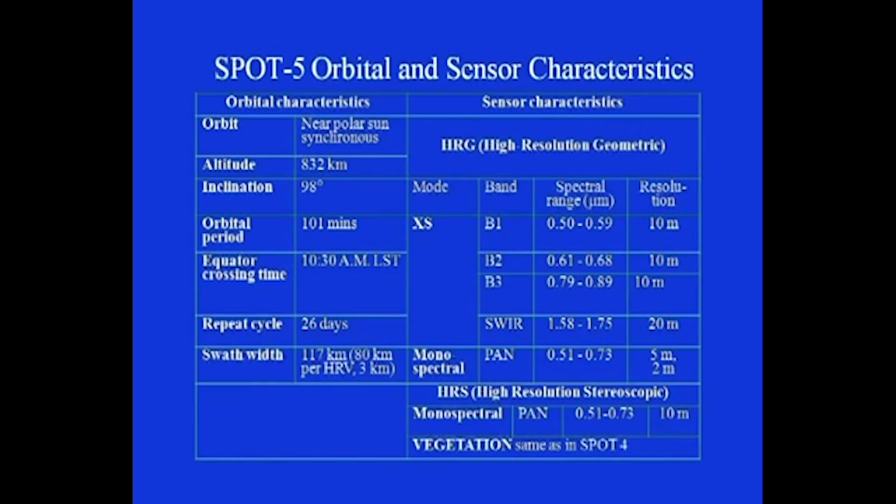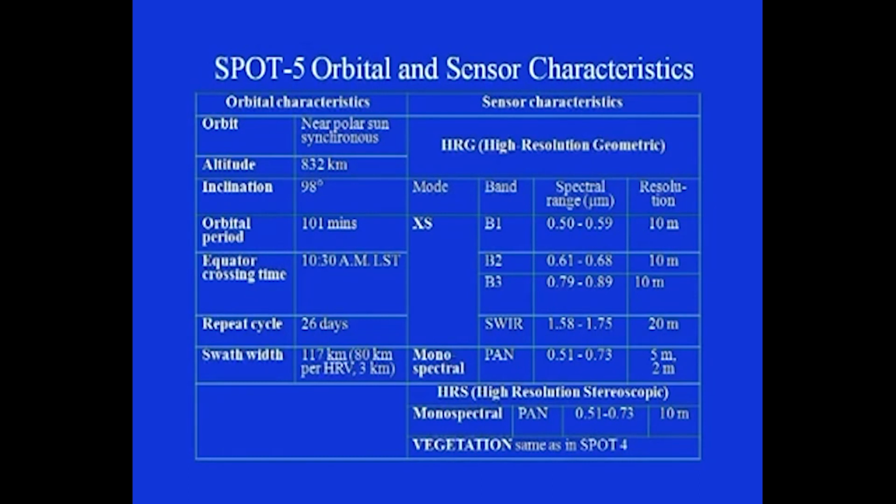There were some modifications to the spatial resolution of the PAN, and this was that it could operate within 2 spatial resolutions, 5 meters and 2 meters. Another sensor which was introduced in SPOT 5 was HRS, high resolution stereoscopic.